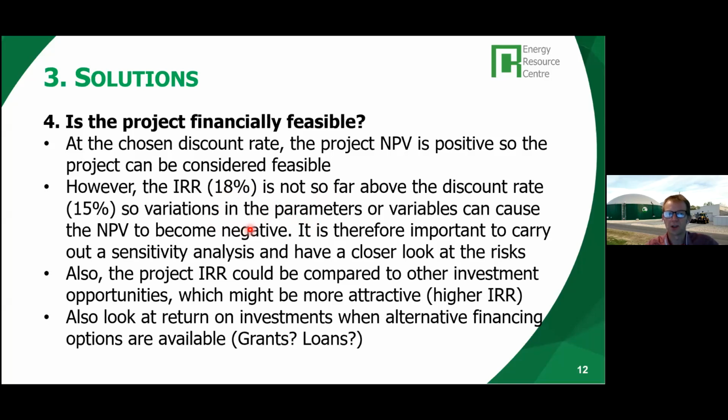It's important to have a closer look at what would be the consequence of small variations in any of the variables or parameters, to see if there isn't a large risk of the project becoming, let's say, less attractive in case of changes in the diesel price, or let's say any sudden increases in the investment cost, for example.